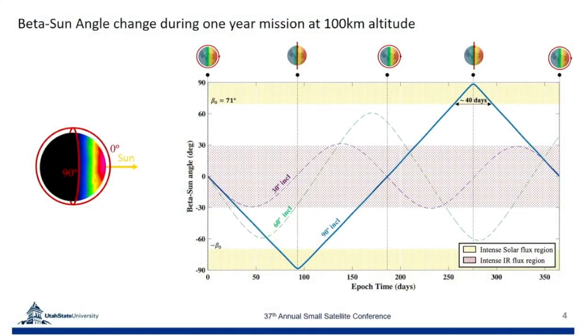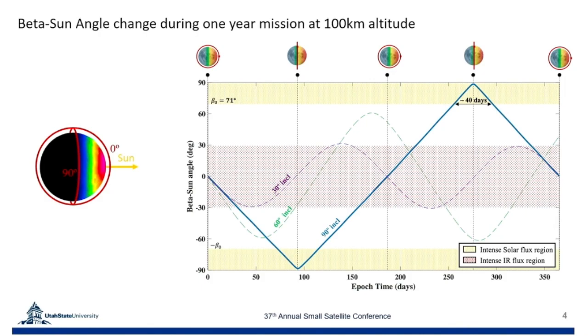The orbit changes over time, so a high-inclination orbit will be over the terminator line, which is a high beta angle condition. The plot on the right shows how the beta angle changes over time. During 1 year of mission, we go from 0 to 90 degrees. Many times, it actually takes 3 months to go from 0 to 90 degrees.